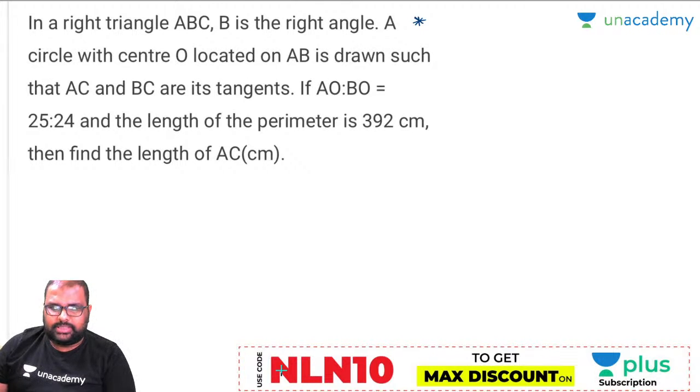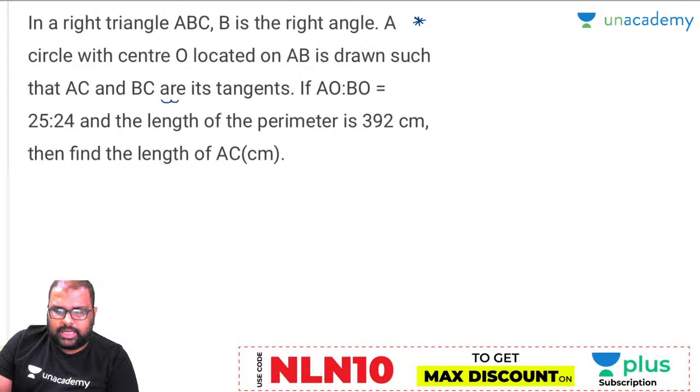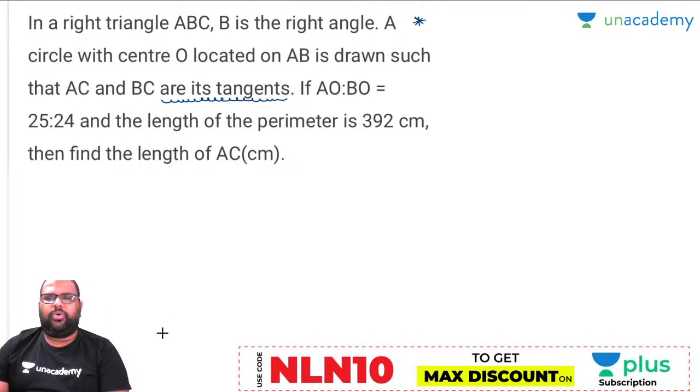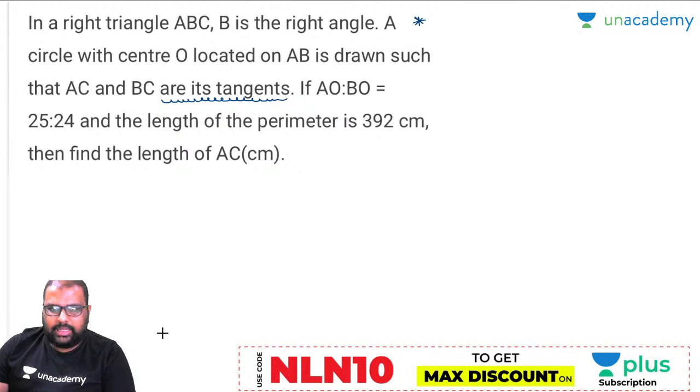A circle with center O located on AB is drawn such that AC and BC are its tangents. If AO to BO is 25 to 24 and the perimeter is 392 centimeters, find the length of AC is the question asked.